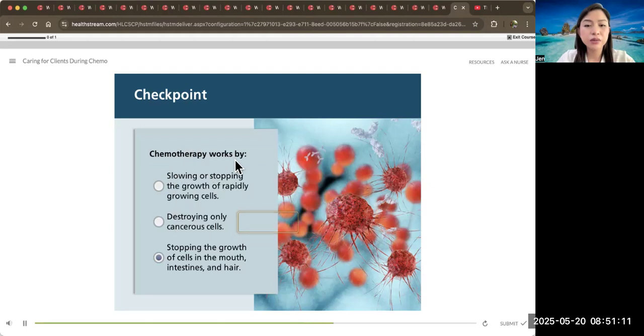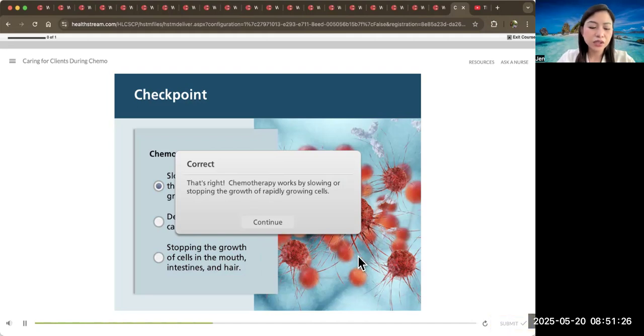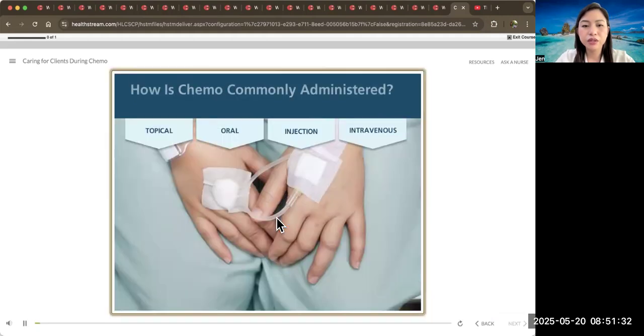Sorry. Chemotherapy works by slowing or stopping the growth of rapidly growing cells, destroying only cancerous cells, stopping the growth of cells in mouth, intestines, and hair. That's right. So, chemotherapy works by slowing or stopping the growth of rapidly growing cells.